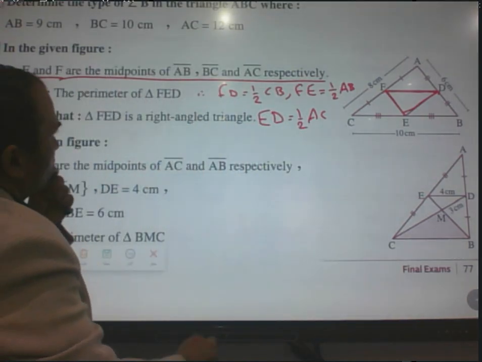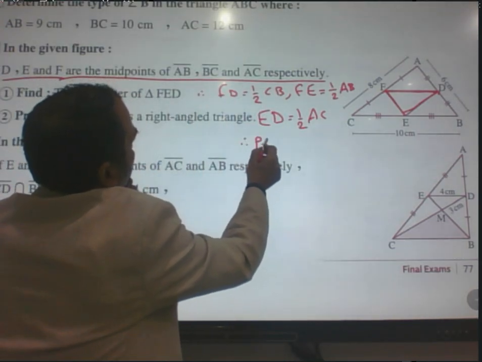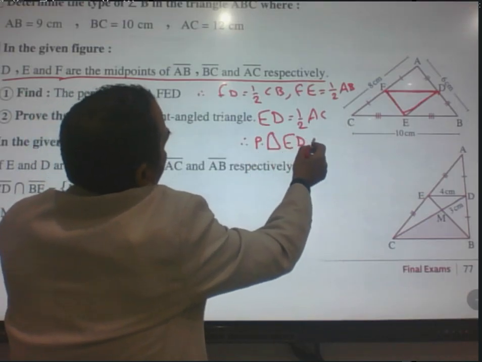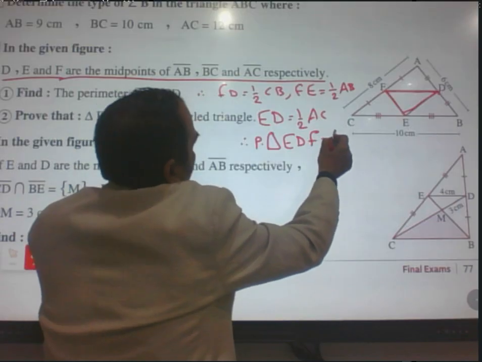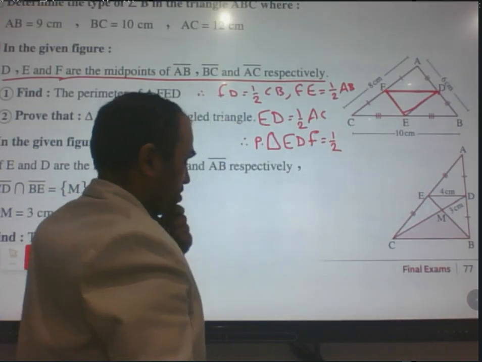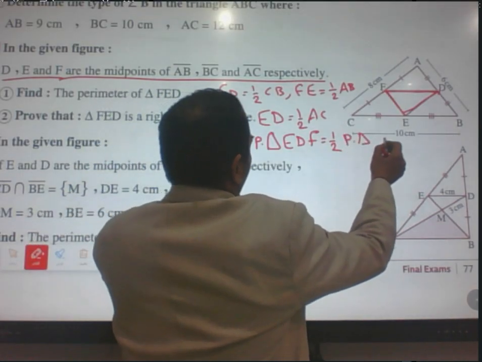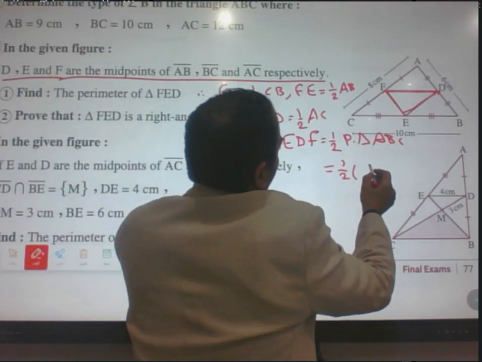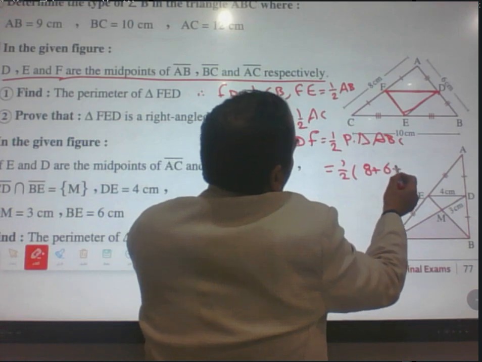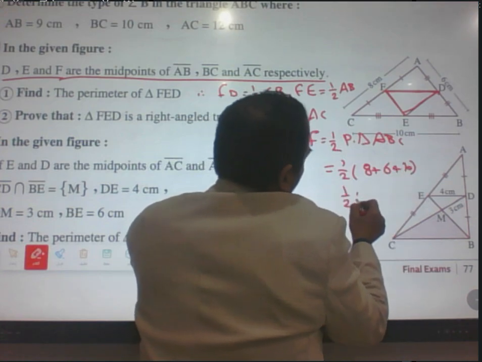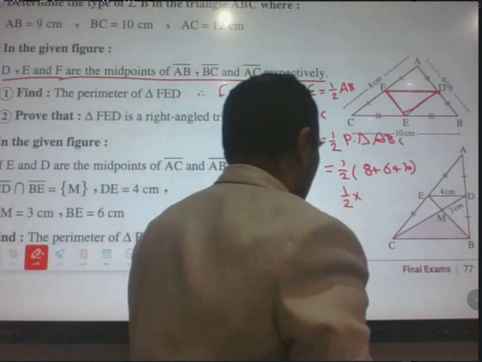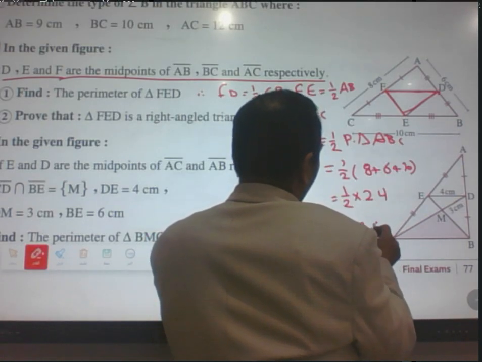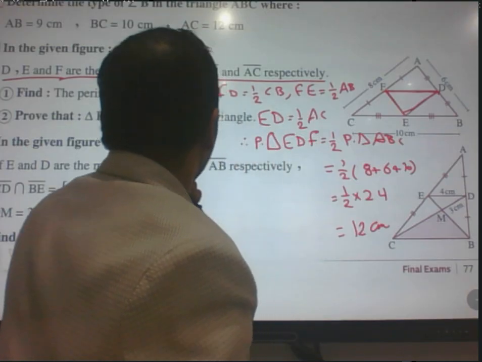And then we can find perimeter of triangle EDF will be half of perimeter of triangle ABC, equal half sum of 8 plus 6 plus 10. 8 plus 6, 14. 14 plus 10 equal 24. 24 divided by 2 equal 12. Then the answer will be 12 centimeters.